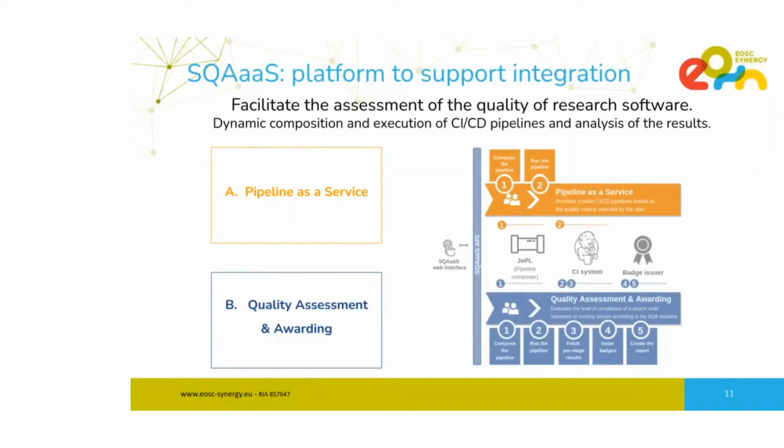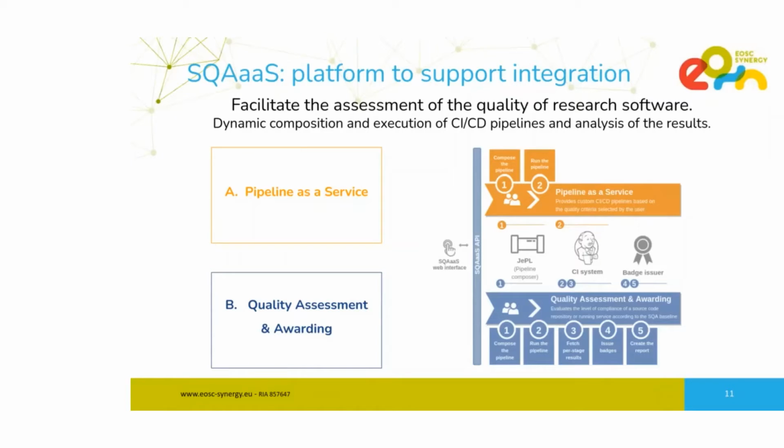But in the next step, there is the SQS platform to facilitate the assessment of these criteria. Two main parts of the platform are the pipeline as a service, which is basically a CI/CD pipeline for your software, so you compose the pipeline, run it, and get results.